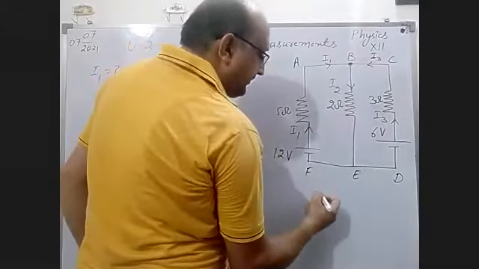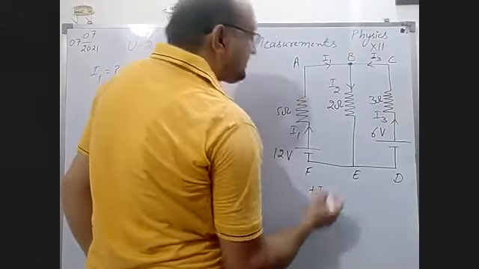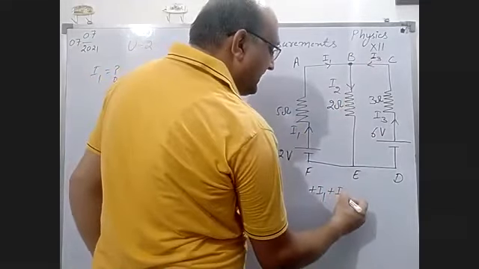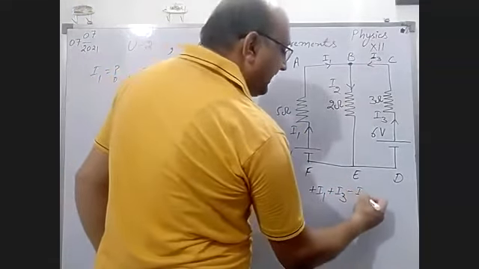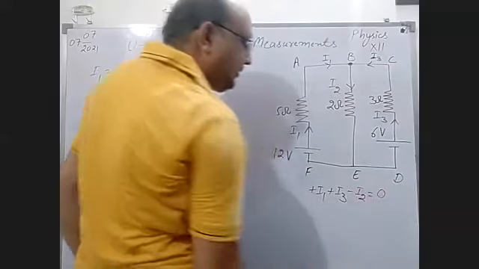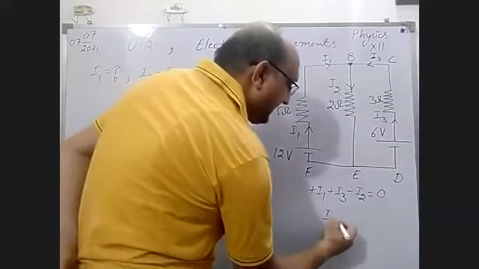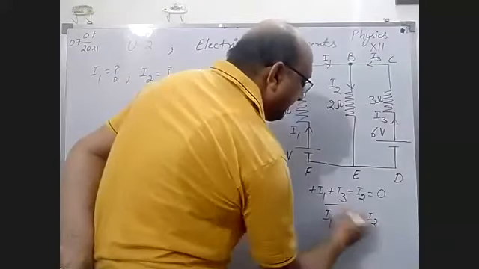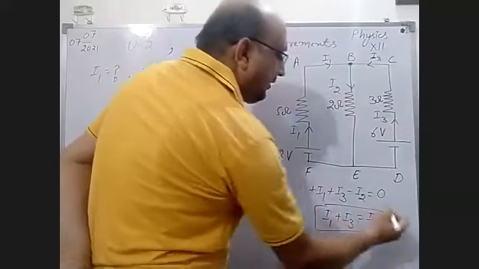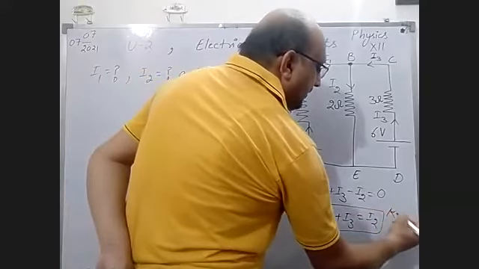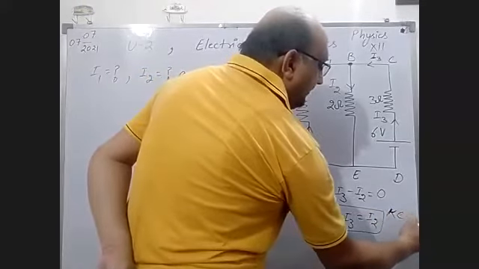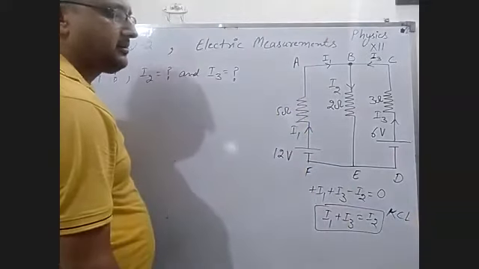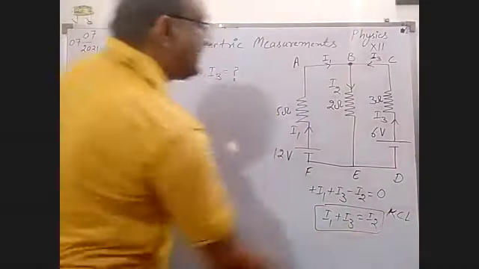Yes, I1 with positive sign, I3 with positive sign, and I2 with negative sign is equal to 0. Or you can say I1 plus I3 is equal to I2. This is Kirchhoff's first law, or KCL, Kirchhoff current law.